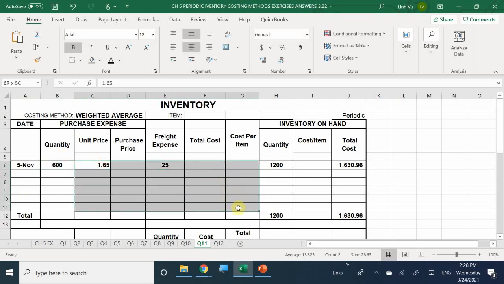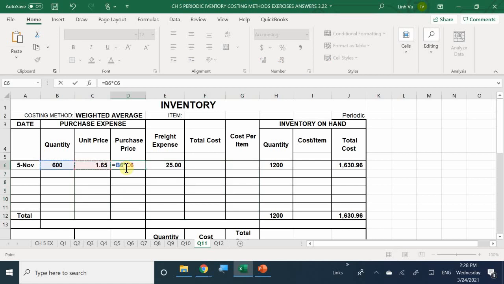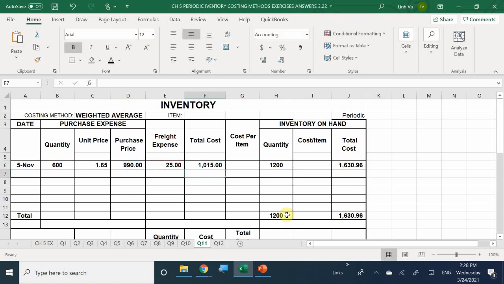Okay, so what is going to be my total purchase price? 990, and then total cost is 1015.